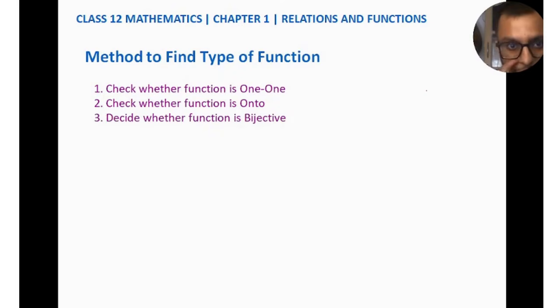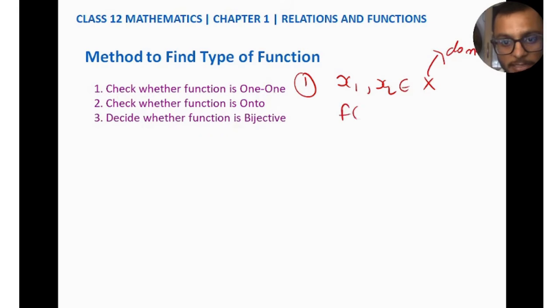So there is a method to check whether a function is one-one or not. So first of all, let's see when we can say a function is one-one. What you have to do is take any x1, x2 randomly from x, that is the domain.